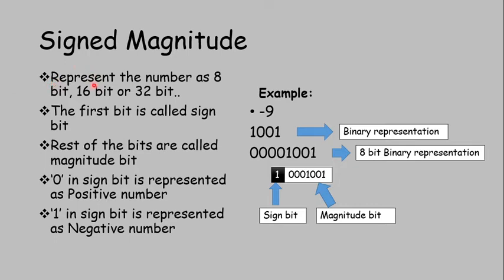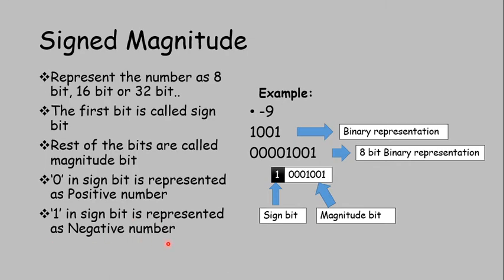What are the rules? Represent the number as 8-bit, 16-bit or 32-bit. The first bit is called the sign bit. The rest of the bits are called magnitude bits. A 0 in the sign bit represents a positive number. A 1 in the sign bit represents a negative number.